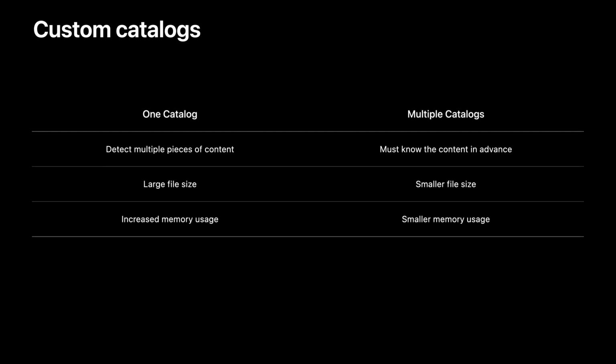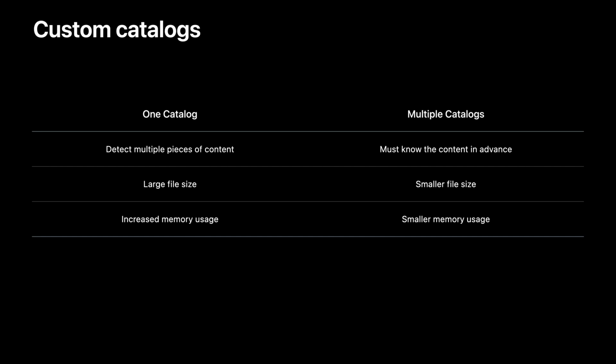There's a trade-off that you need to make when splitting your content across custom catalogs. If you create individual catalogs for each media asset, you'll need to know which piece of audio is being played so that you can load the correct catalog. And if you put them all together in one catalog, you'll have a larger download and use more memory, but you can match many more pieces of audio.